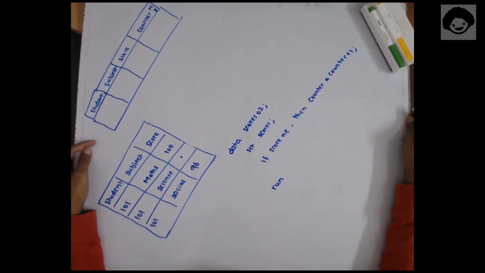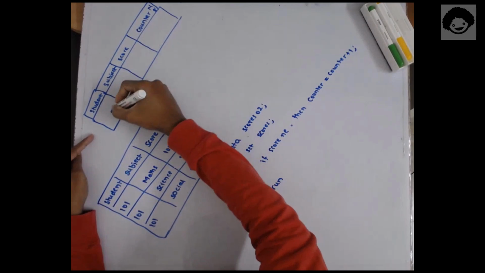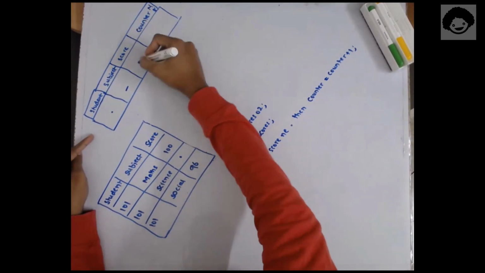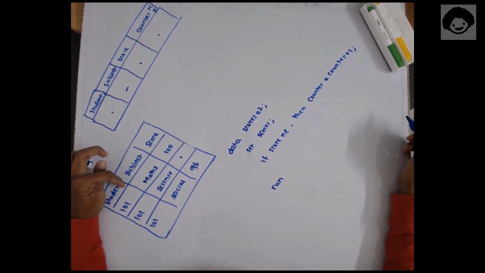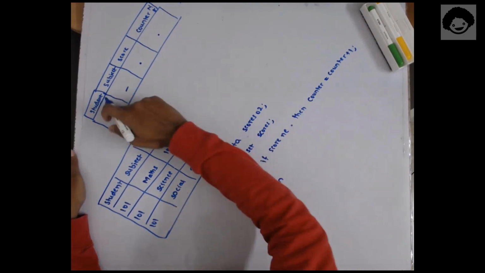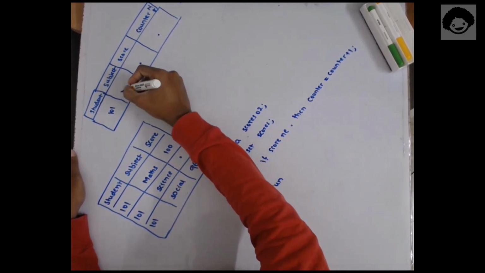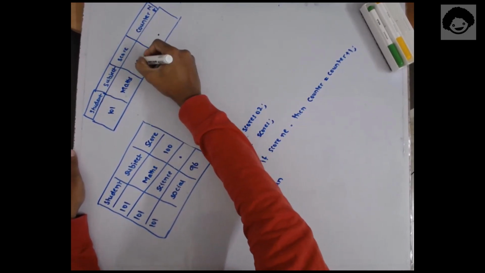Let's see how SAS processes this data step. Before the first observation starts, SAS sets the PDB to missing values based on the data type. Numeric missings are represented with a dot and character missings are represented with a null value. Now SAS starts executing and the first observation is copied from the existing dataset into the PDB, along with the corresponding score.